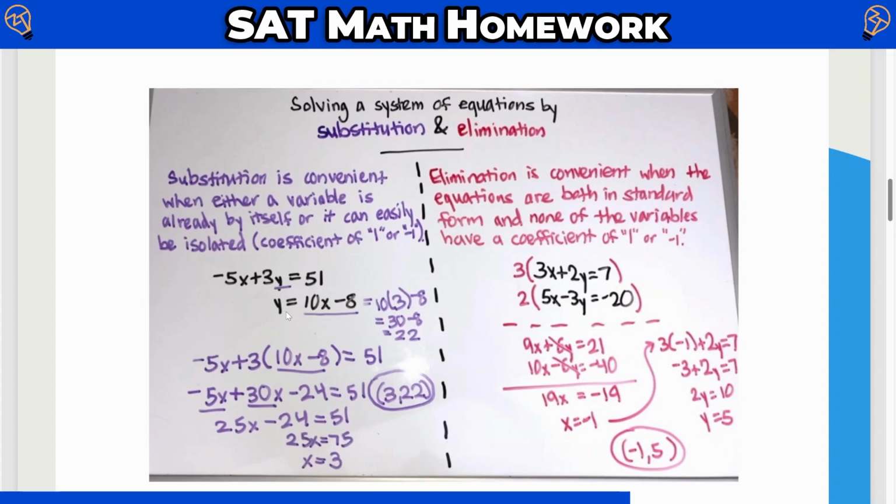So in this case, you have y equals. Whereas elimination is convenient when they're both already in standard form, and especially if none of the coefficients is 1 or negative 1. Because if a coefficient isn't 1 or negative 1, imagine if you try to isolate one of these variables, you're going to get fractions all over the place, which can be really difficult to then do substitution with. So elimination makes sense in that case.